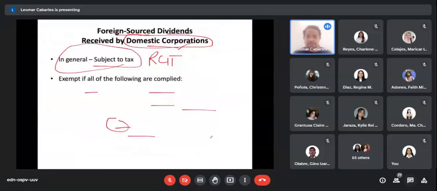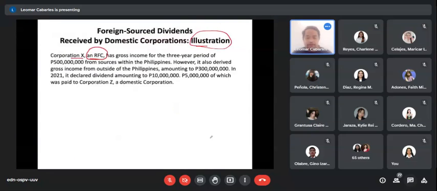Okay, so this is the illustration. Okay, so meron siyang gross income na 500 million for the last 3 years. Ang relevance ng gross income na yan, malalaman mo kung foreign source yung dividend or not. 500 million came from sources within the Philippines. However, it also earned gross income outside of the Philippines amounting to 300 million.